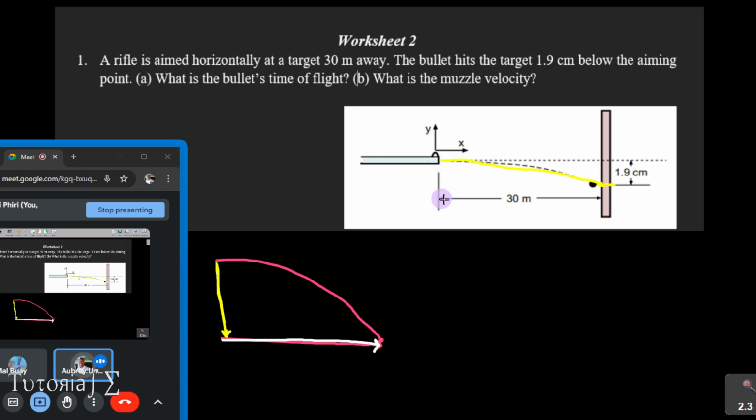The time it takes to move from this point until it hits the wall is the same time it will take to fall from this horizontal line until it hits that point. So what we just need to do is find the time it takes to move from this point going down here, and we would have found the time of flight.